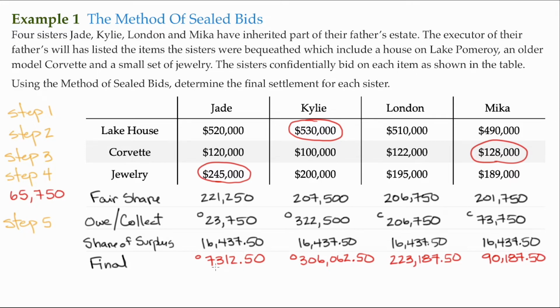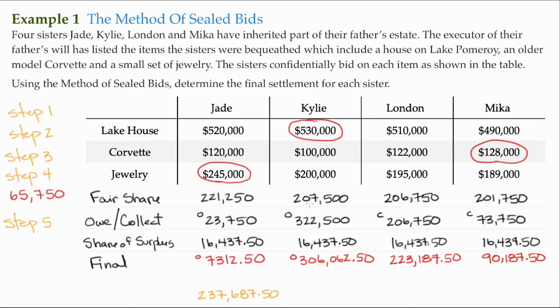So if I subtract the $7,312.50 from the $245,000 here, she's actually getting $237,687.50. She really only expected to get $221,250. So she's getting about $15,000 or $16,000 more.